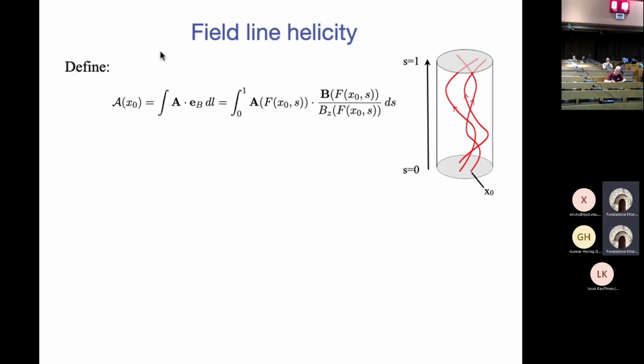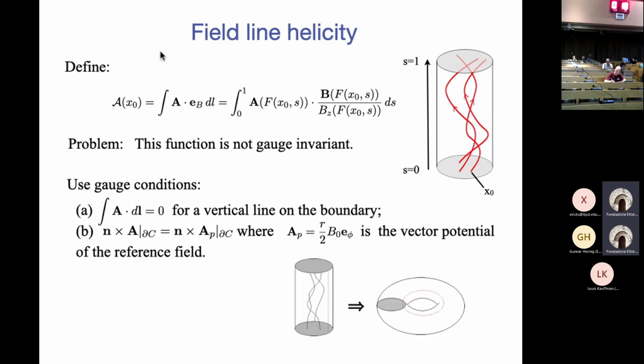Right, and in order to investigate this, we set up a new quantity, the magnetic field line helicity. It's defined as shown here, so it's an integral of the vector potential along any given field line. In general, this function is not gauge invariant. You can make it gauge invariant by imposing the right boundary conditions.